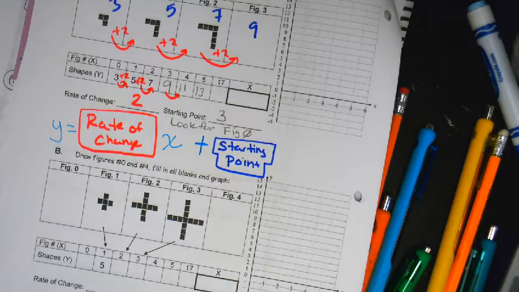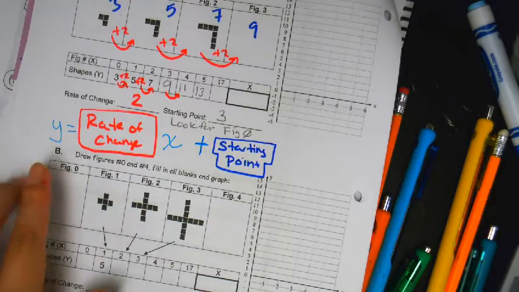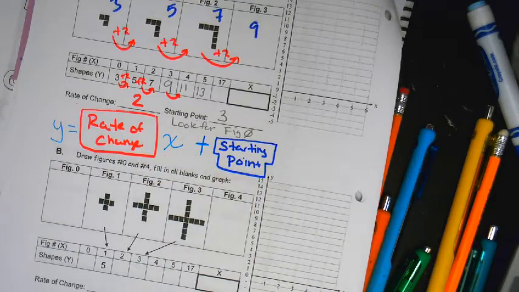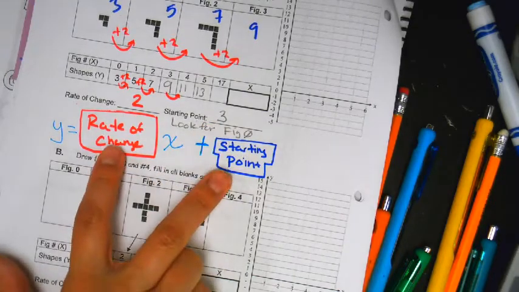It's kind of like a formula, kind of like base times height or length times width or base times height divided by 2. It's a formula where you just plug in your numbers. So you're going to start with y equals rate of change, x plus starting point. Okay, so these 2 numbers that we figured out fairly easy will be used to write your equation.